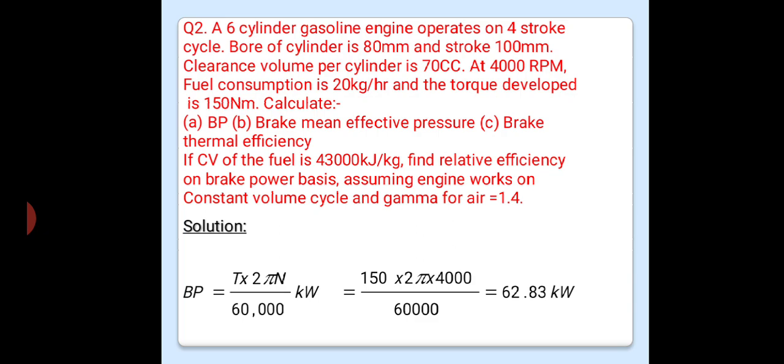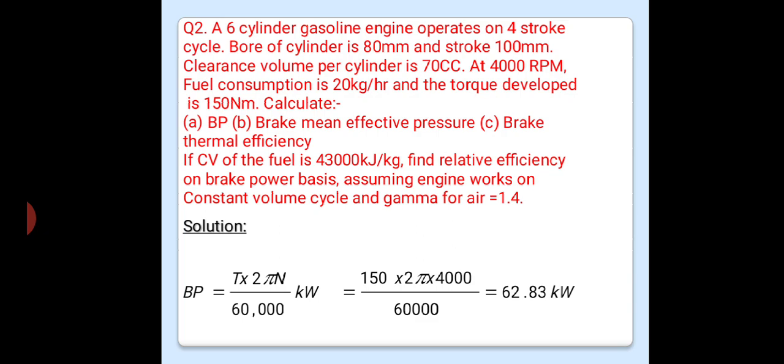Fuel consumption is 20 kg per hour and the torque developed is 150 Newton meter. Calculate brake power, brake mean effective pressure, brake thermal efficiency if calorific value of fuel is 43,000 kilojoule per kg.